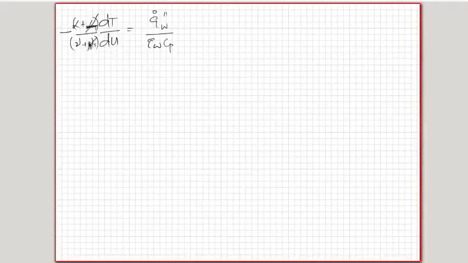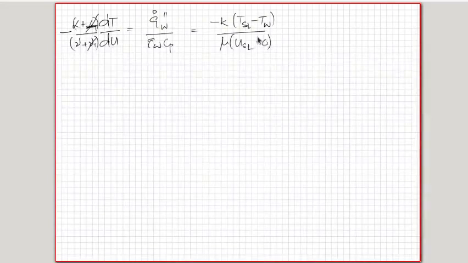We can also simply write this as equal to minus k times TSL minus T wall divided by mu times USL minus 0. The delta SL would get cancelled between these two, so this would simply be minus k by mu multiplied by T wall minus TSL divided by USL.